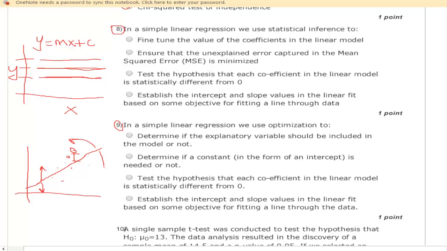So you can move this line around, rotate this line around, such that the line that you finally decide on minimizes the sum of the squared deviation of each of the data points from the line. And that's where the optimization is.